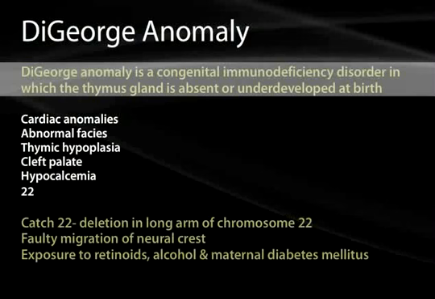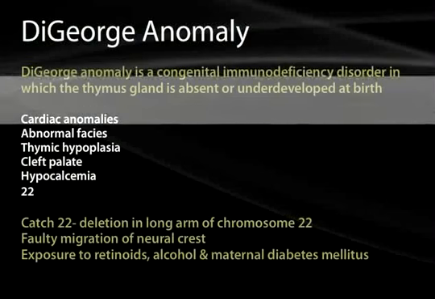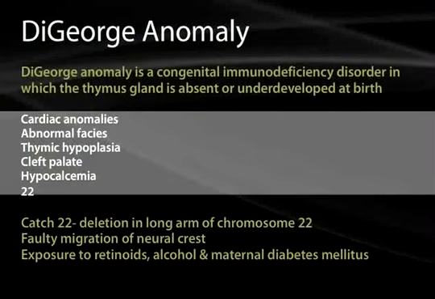With a DiGeorge anomaly, another developmental problem, there's an immunodeficiency disorder in which the thymus gland is going to be absent or underdeveloped. And again, this is maybe a result of faulty neural crest migration. The thing you want to remember about DiGeorge syndrome is that there's a mnemonic to help you remember what it does called CATCH-22.